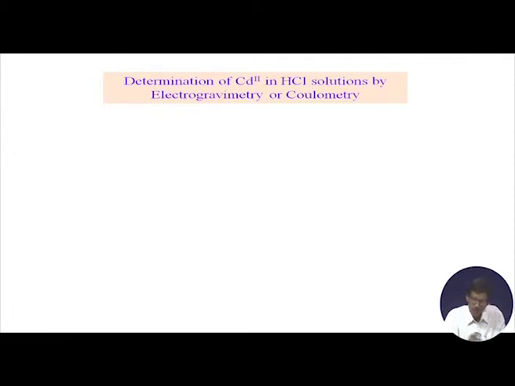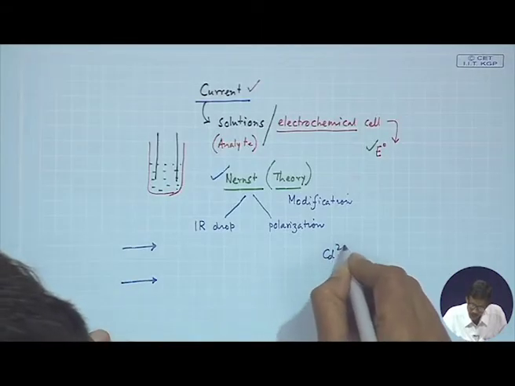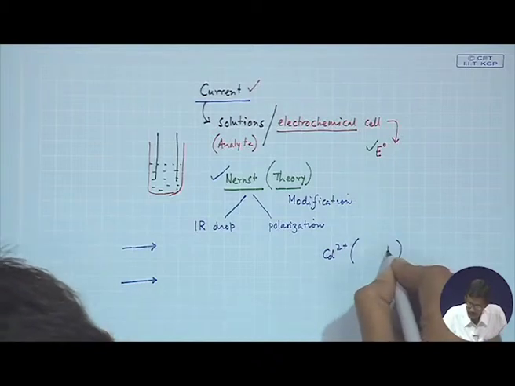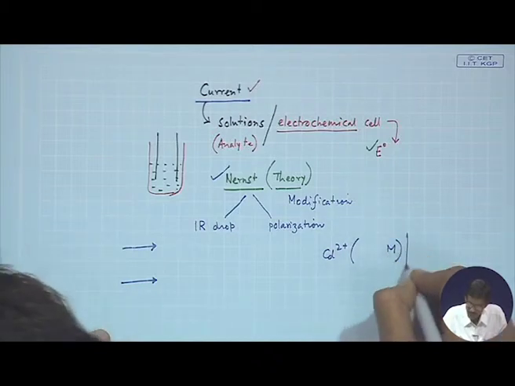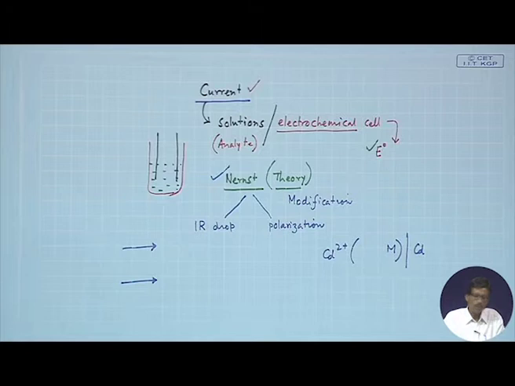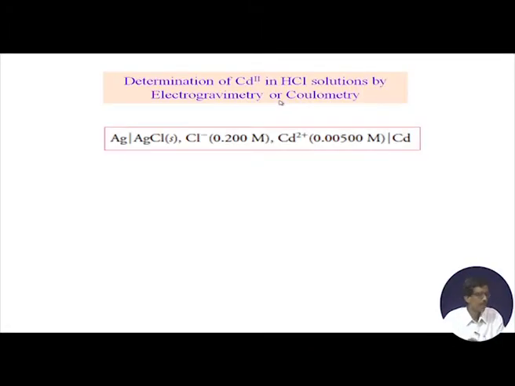What should be the corresponding cell arrangement? We have to use this for the reduction of cadmium 2+, which has some concentration, and a cadmium wire or cadmium plate can be your electrode. So, for this particular determination we have a cell.